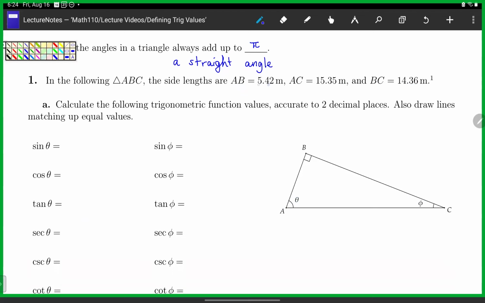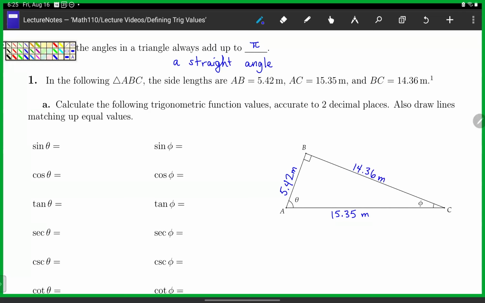Side AB is 5.42 meters. So I'm going to write that here. 5.42 meters. Side AC is 15.35 meters. And side BC is 14.36 meters.